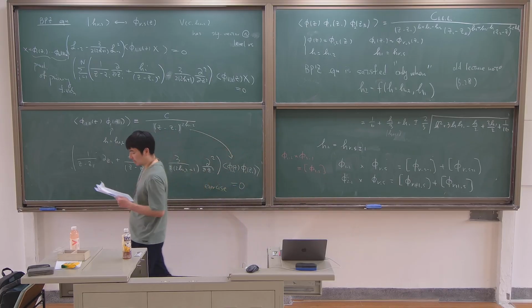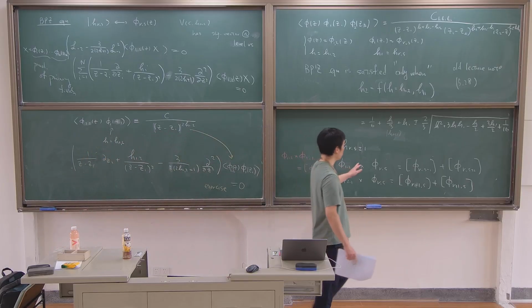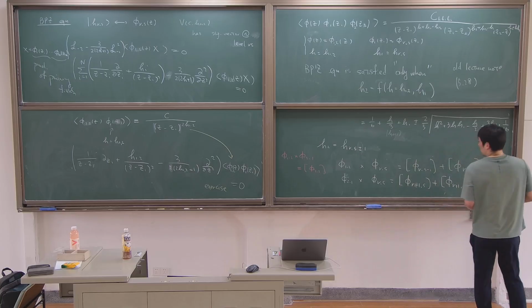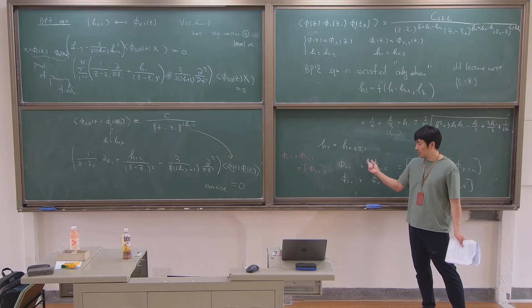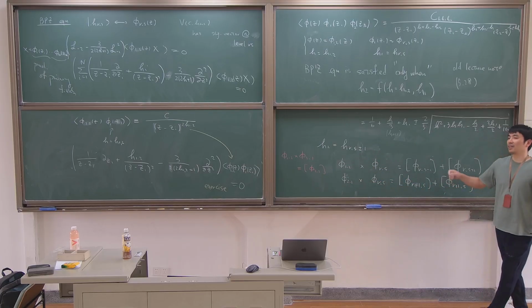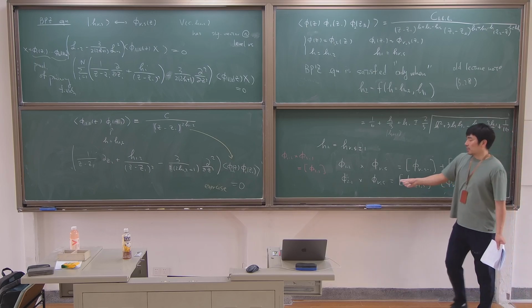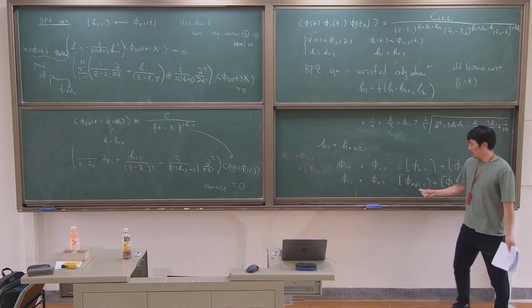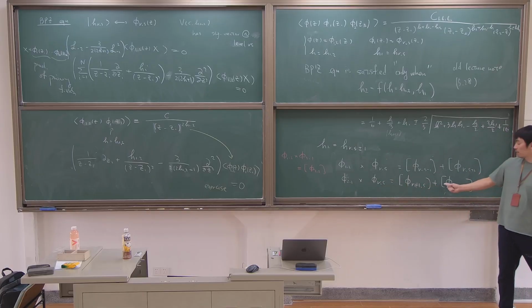So now this is the OPE between this primary field and phi 1,2 and phi 2,1, which can be understood as ladder operators. Maybe this can be understood as a lowering operator, this is a raising operator in terms of S, whereas phi 2,1 is the lowering or raising operator in the R direction.